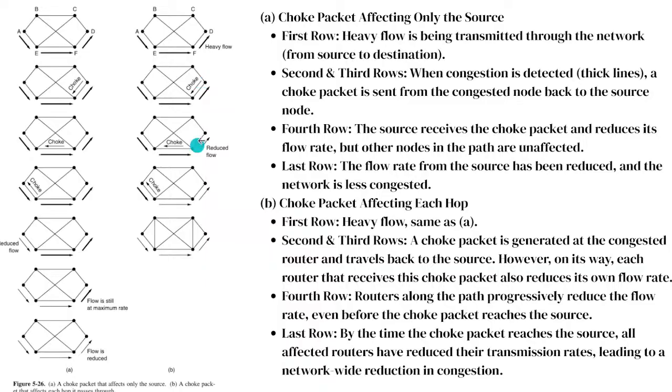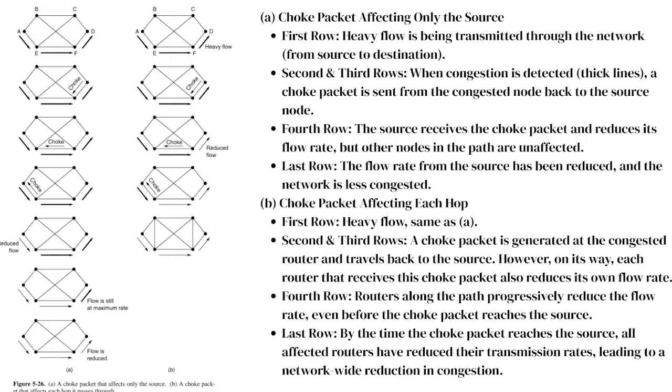The choke packet goes from D to F, F to E, E to A, it is actually reaching A. But before reaching A, the entire network was completely gone down because of the congestion, because the choke packet was not received in time. Because of that, the entire network was slow.